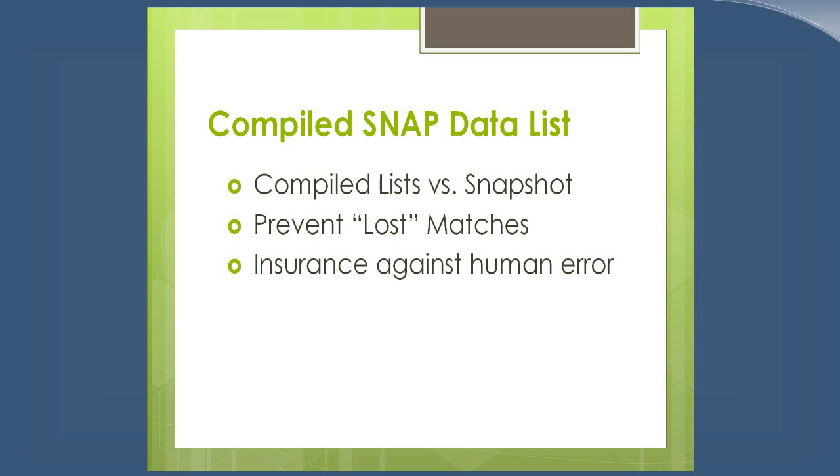What a compiled list does is ensure that if there is a human event in which your LEA is required to take action to run the match, and a student comes off of SNAP and the match is run the next day, they're going to miss that student. So you want to make sure you're compiling lists, and as individuals come onto SNAP, that list is maintained so that when an LEA matches, they're matching against a complete list of students. What this is going to do, of course, is give you insurance against human error.